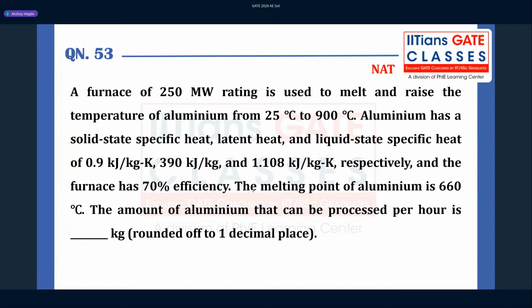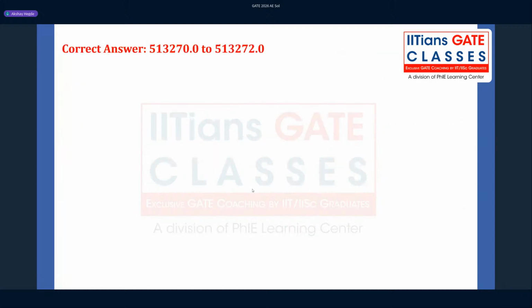Okay, so for this problem, let us first try to model what we have. So I have a furnace, say, that is hot. Now I have an aluminum block that I am putting in, that I want to melt, or process.